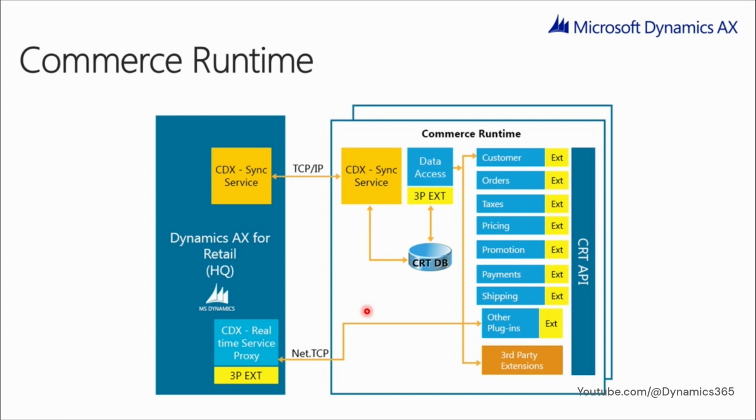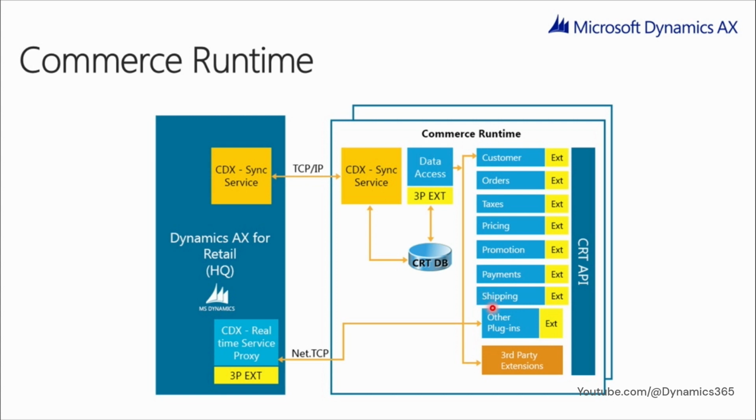Next, let's discuss the service layer. The service layer is where you will find different kinds of queries which customize existing functionality, or where you add your own services with new functionalities. If you look at this diagram, customers, orders, taxes, pricing, and promotion are all a set of services which are predefined and available with the Commerce Runtime Services solution.